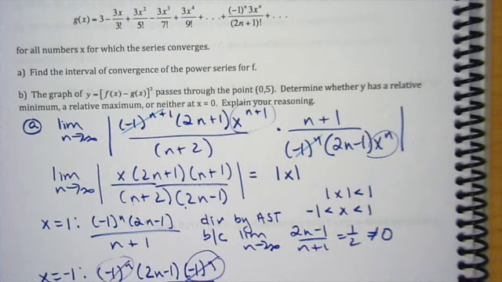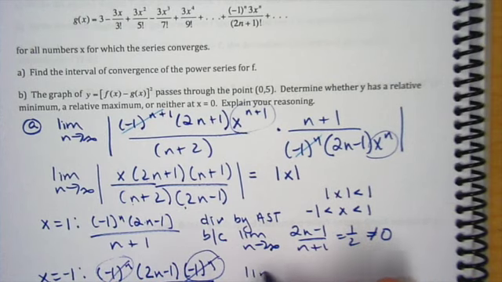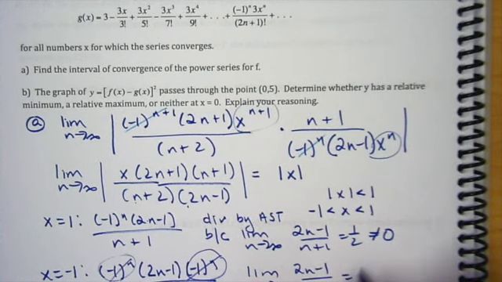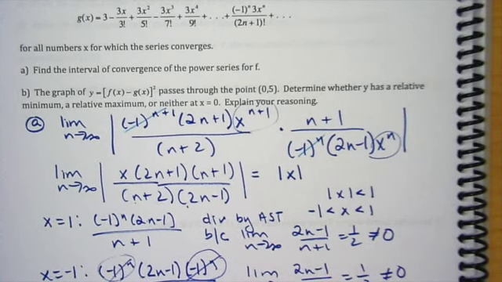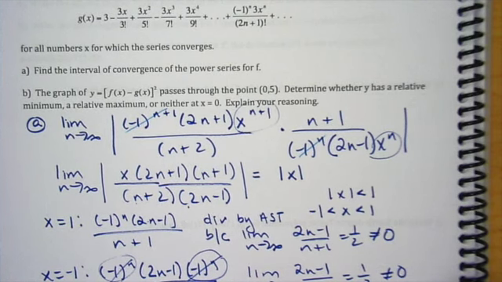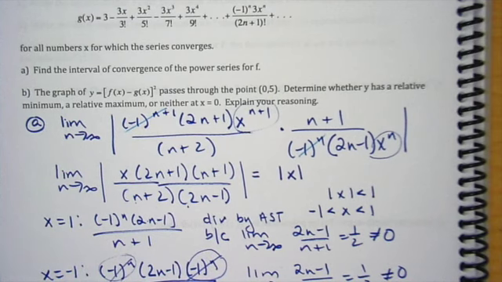I can use the nth term test. This limit is 1/2, which is not 0, so you would say it diverges by the nth term test. This is not an alternating series, but the reasoning is the same for why it diverges. So your interval of convergence would really be just from -1 to 1, not including either endpoint.